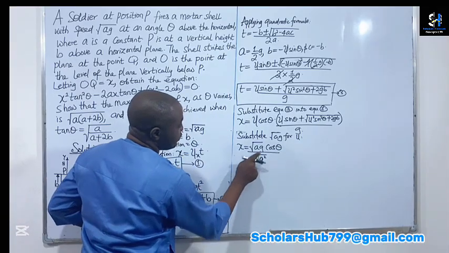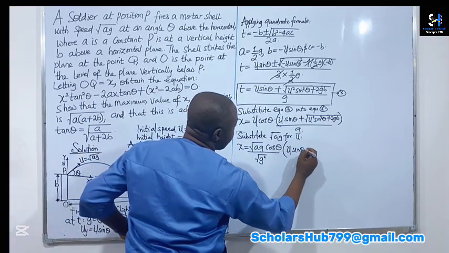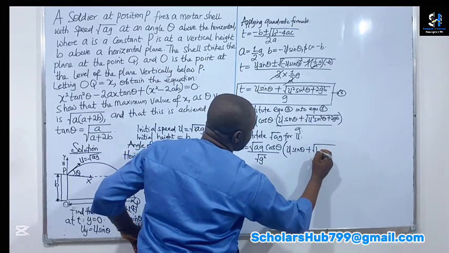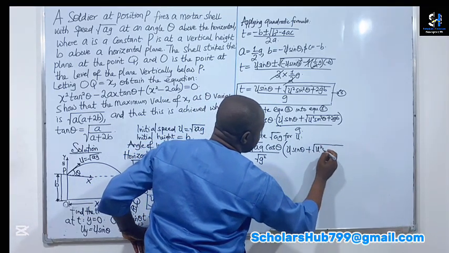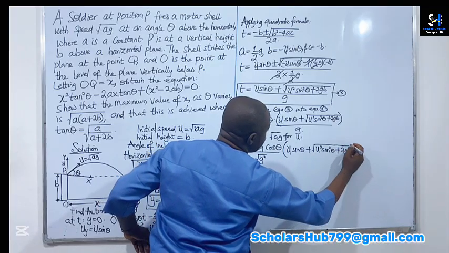We know that the square root of g squared will give us g. Then multiplied by u sine theta plus the square root of u squared sine squared theta plus 2gb.